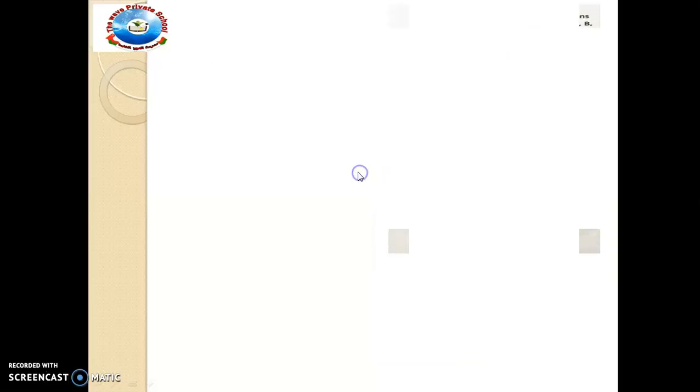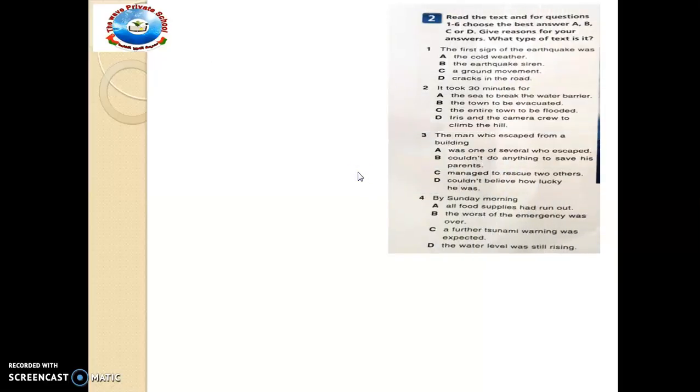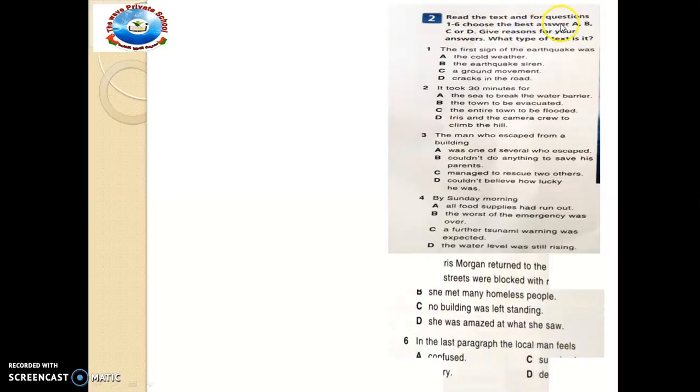So, in exercise 2, we want to read for specific information and to identify the type of test. It says read the test, and for questions 1 to 6, choose the best answer A, B, C, or D. Then give reasons for your answers. What type of test is it?